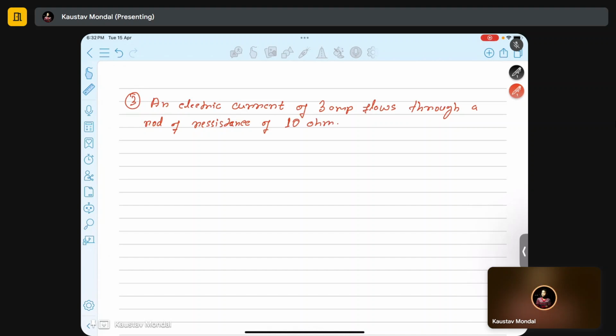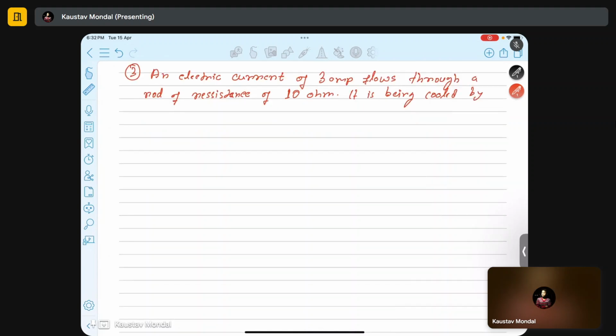It is being cooled by running water and is kept at a temperature of 300 Kelvin.